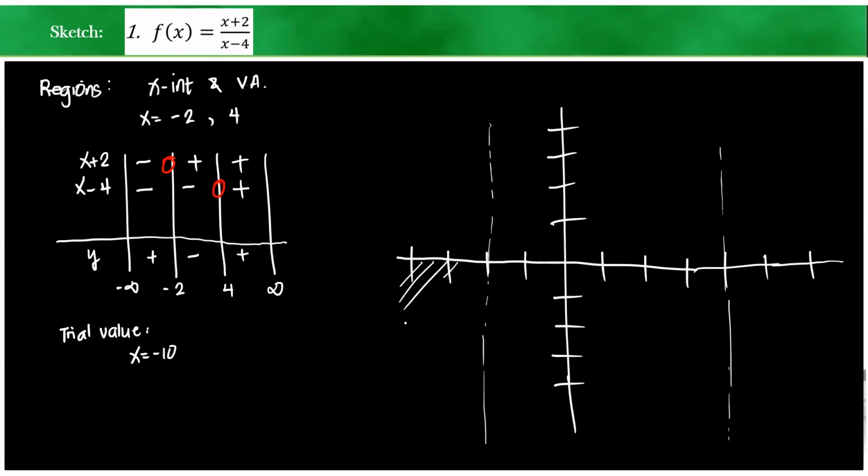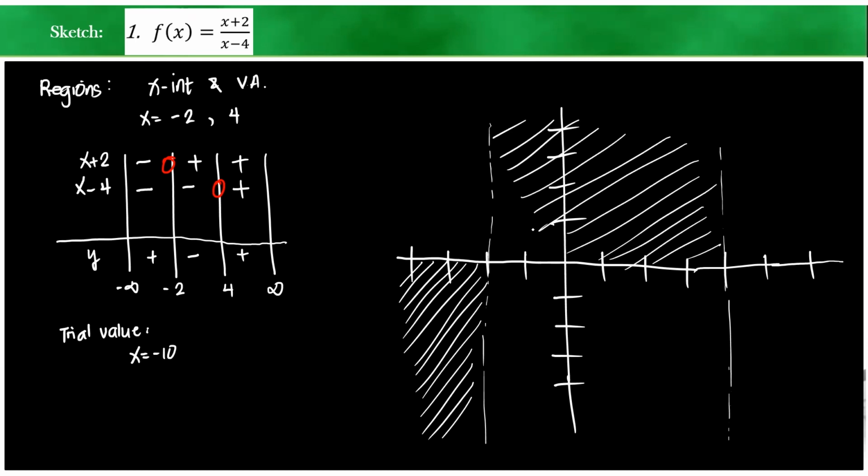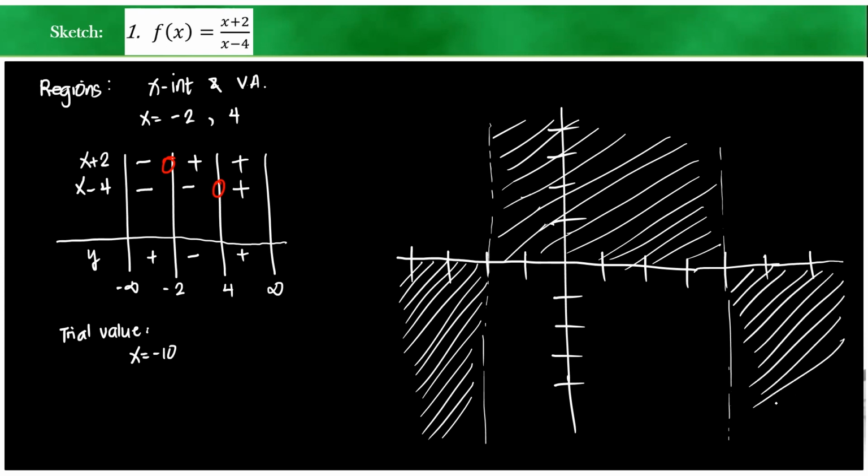So dapat i-shade natin yung negative side ng graph. So we cannot have any graph there. From -2 to +4, negative daw. So we cannot have any graph here. All right. Now, from 4 onwards, positive. So bawal magka-graph at the bottom.